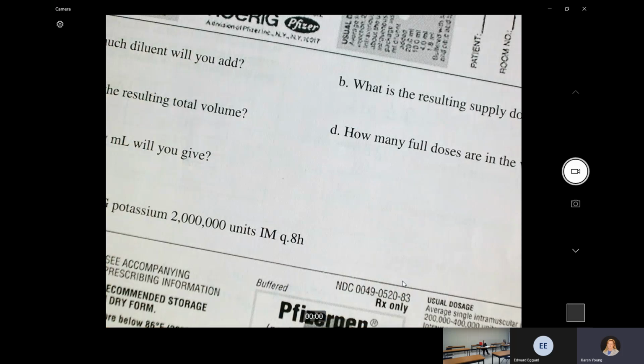Read chapter 13 before next week, because it's a little more, I'm not going to call it complicated, because it's not. We're still using the same process, but we're adding a step or two, okay? And we have to look at things a little bit differently, because it's pediatric dosages by weight. So we're adding some things to what we're already doing.